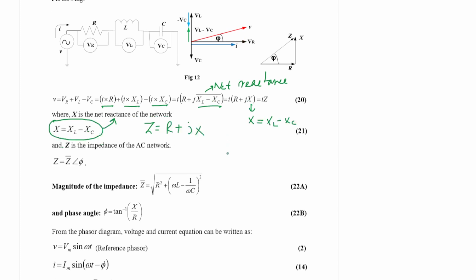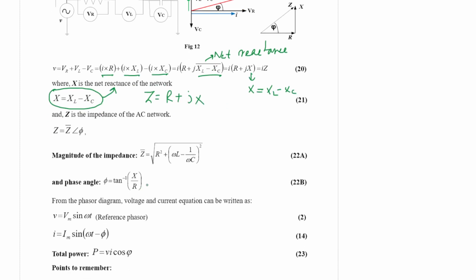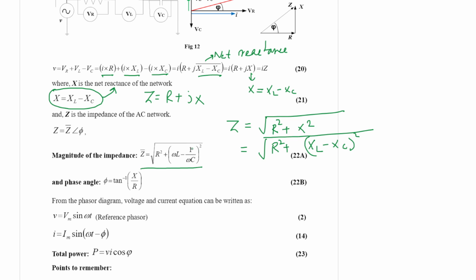And what is Z? Z is given by this formula: Z is equal to the square root of R square plus X square. X is equal to XL minus XC. Now what is XL?